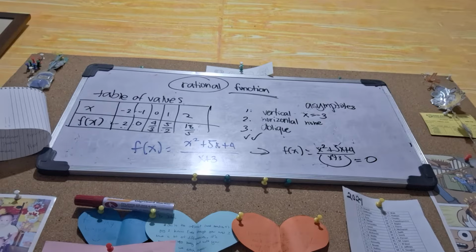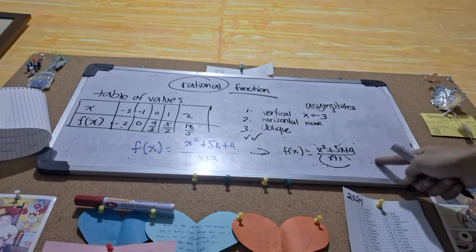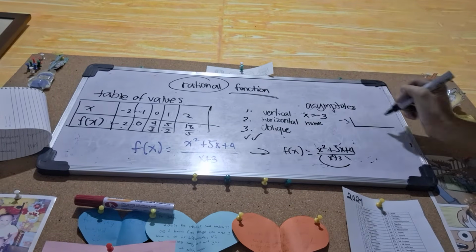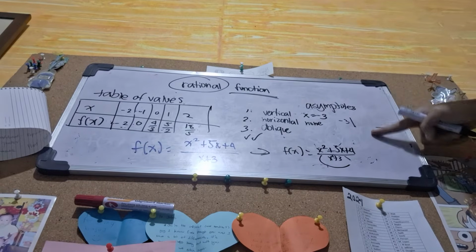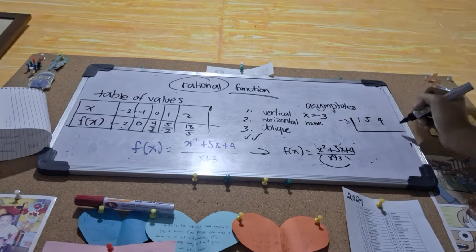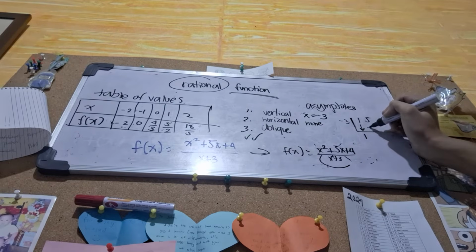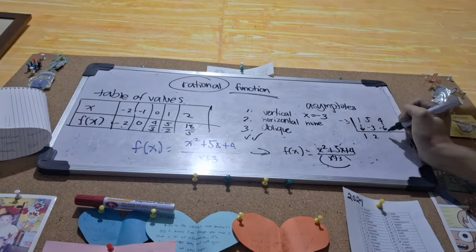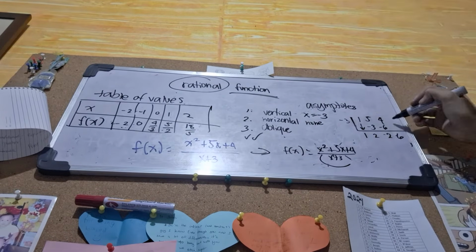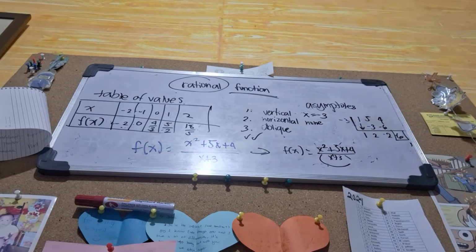The first thing you have to do is just divide it. You just divide the polynomials. You can do synthetic, you can do long, but for this one, I'll just do synthetic, because that's what you guys love so much. So we bring down 1, 1 times 3, 2, 6. Wait a minute.